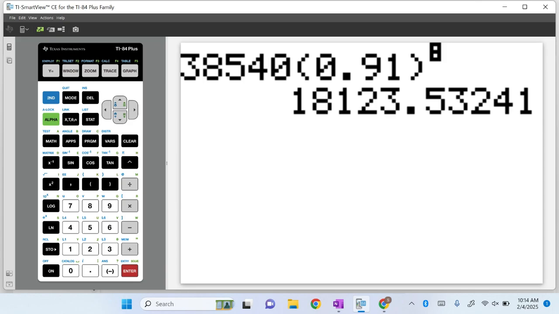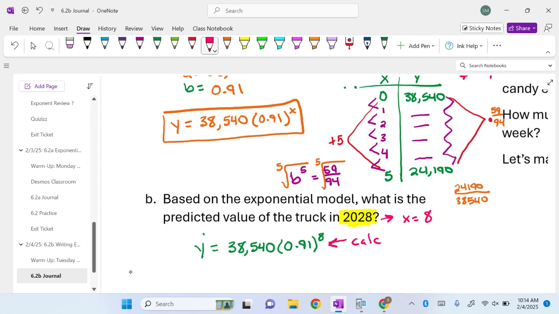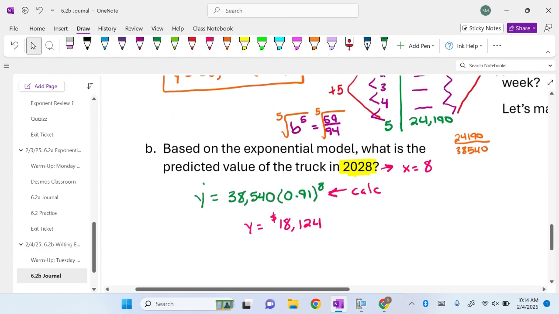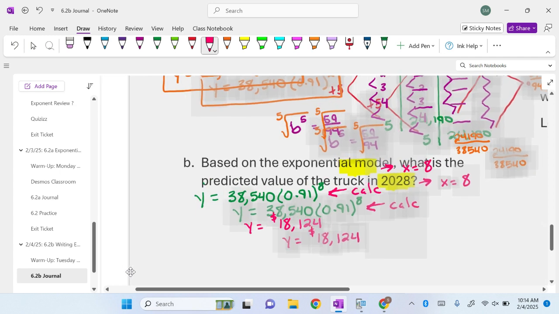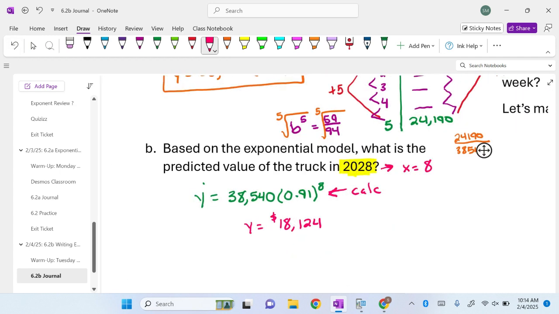Good, 18,124. So I would get Y equals $18,124. Don't forget to put your units. So after 8 years, that's how much the truck will be worth.